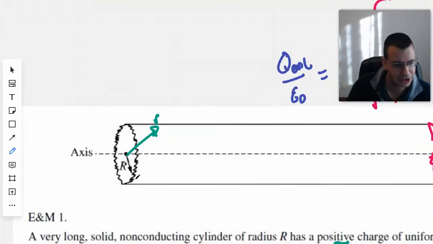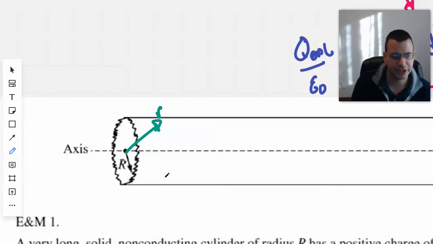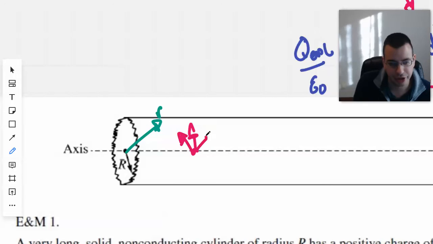But if you want a little bit more of a warm fuzzy, if you look at it from along the axis, I have a charge that goes in all directions. I know I'm only doing a few here. Then you'll have another charge over here that goes in all directions.